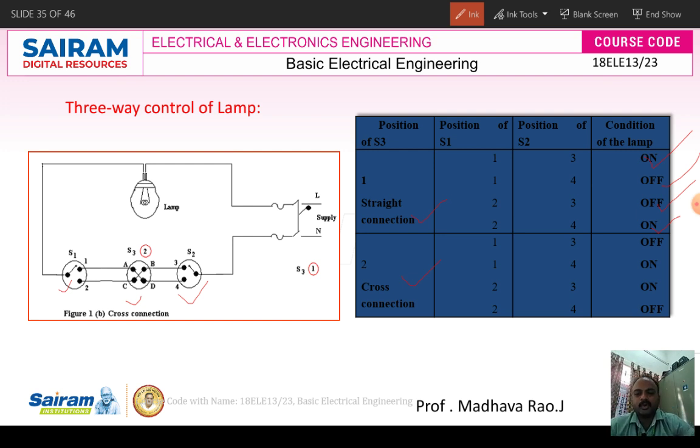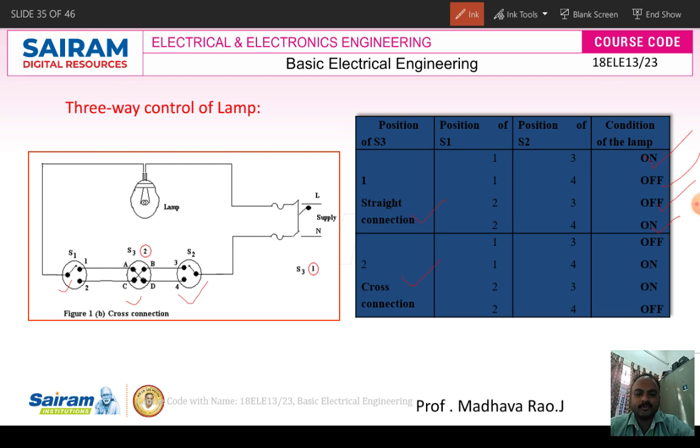Now move to the cross connection. Cross connection means AD and BC are joined, and the switch is in cross connection position. Now switch 1 in position 1 and switch 2 in position 3, the lamp will be off.